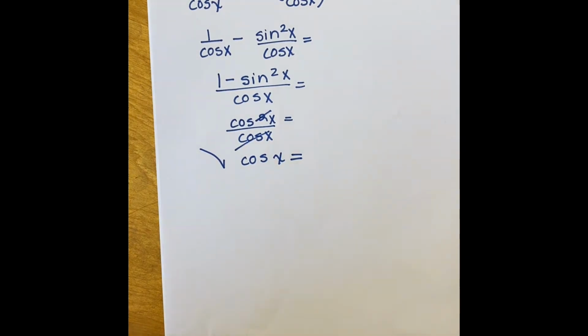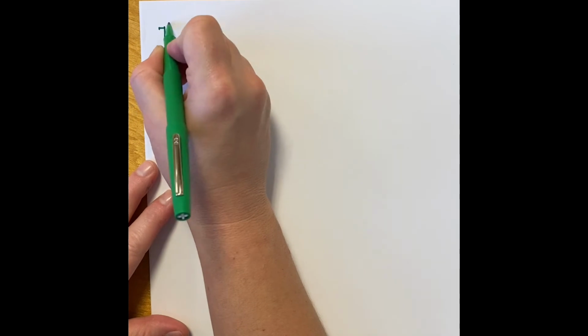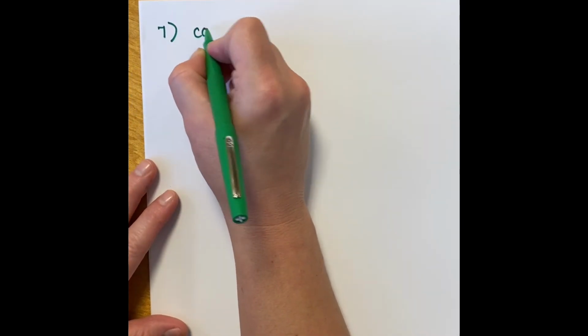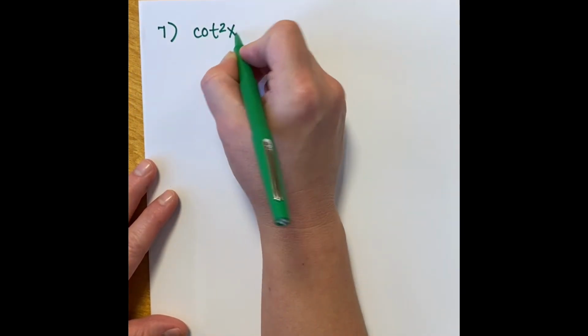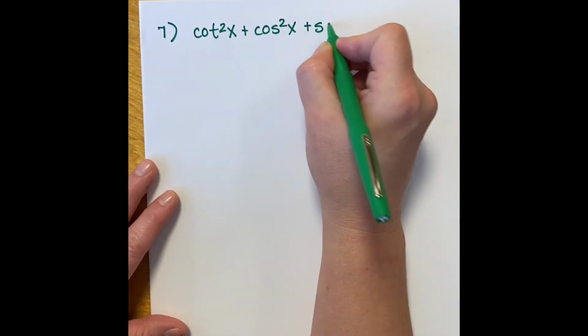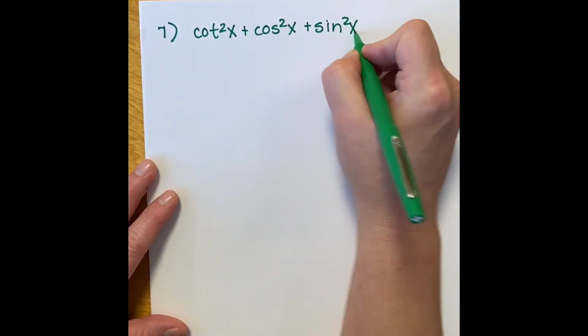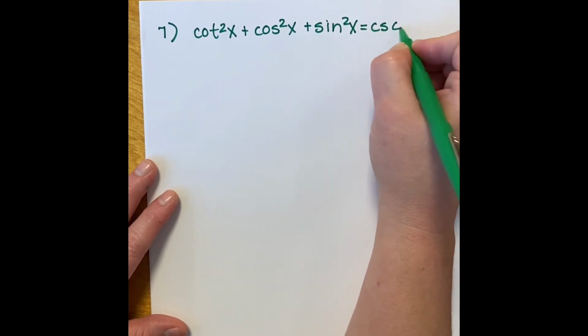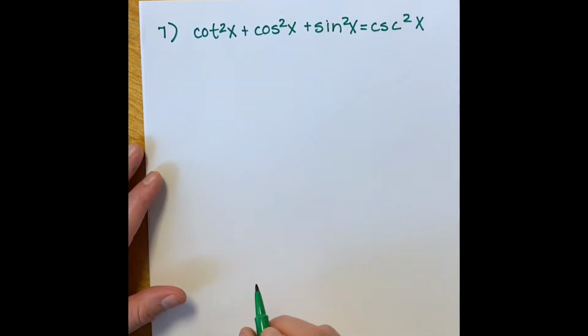You're still there, right? Let's try another one that's not so bad. You can totally do this one. I have confidence in you. Number 7. For this one, we have cotangent squared of x plus cosine squared of x plus sine squared of x equals cosecant squared of x.